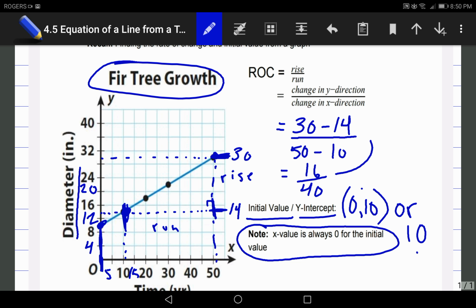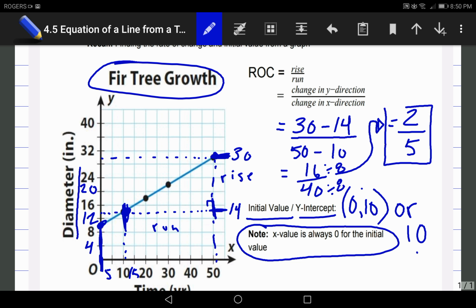I'm going to reduce that fraction. What value goes into both 16 and 40? 8 goes into both. So I'm going to divide the numerator by 8 and the denominator by 8. 16 divided by 8 is 2, and 40 divided by 8 is 5.